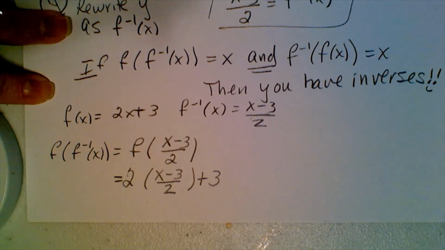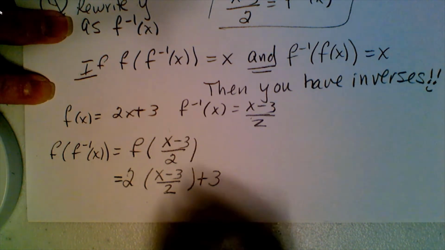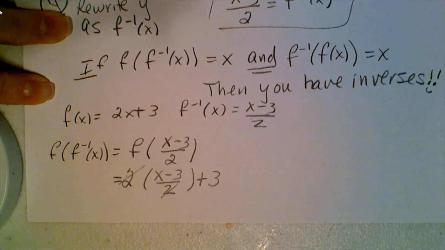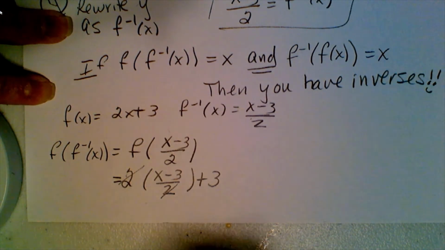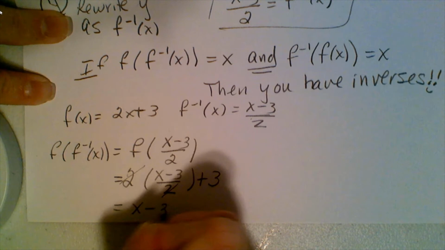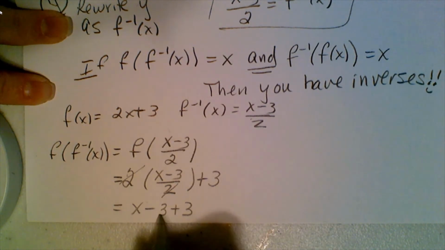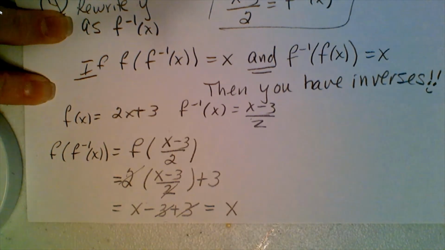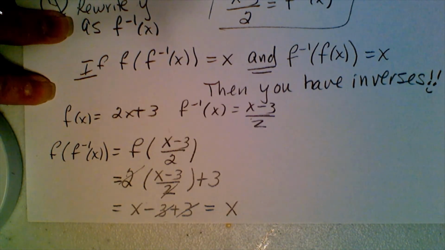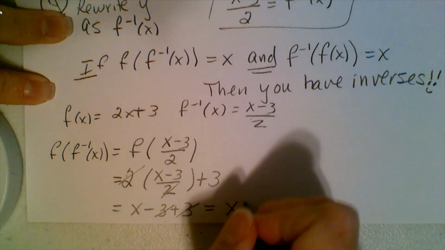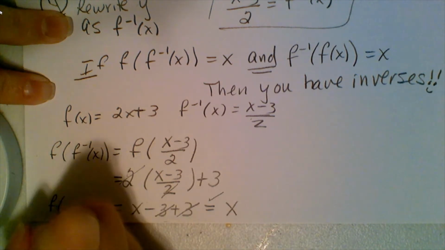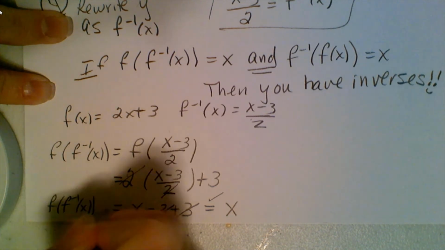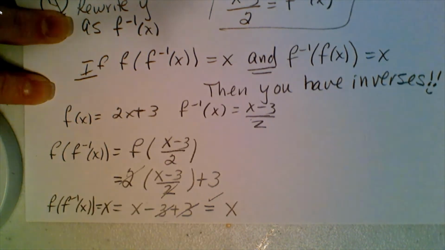I don't want to see a bunch of cancel marks. I want to see it step for step because I want to make sure you actually know what you're looking at. So we divide the 2's, which do not cancel. They divide out and become 1. And I get x minus 3 plus 3. But this minus 3 plus 3, that ends up adding out and becoming 0. It's not a cancel. It adds to 0. So I want you to know what that is. And so we have that this is true. F of f inverse of x is equal to x. Okay, so that's true. So that's the first half.